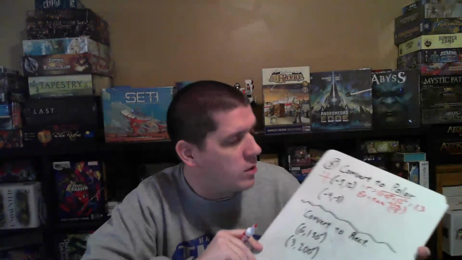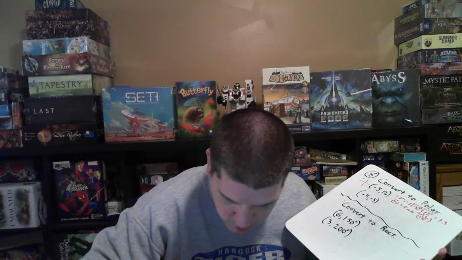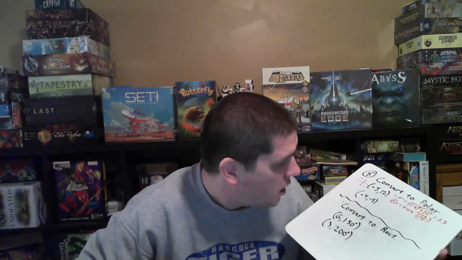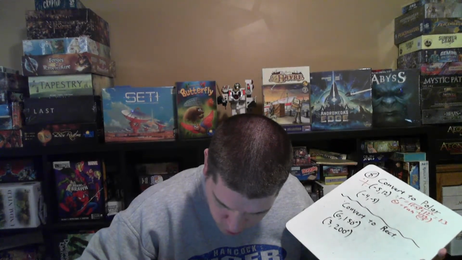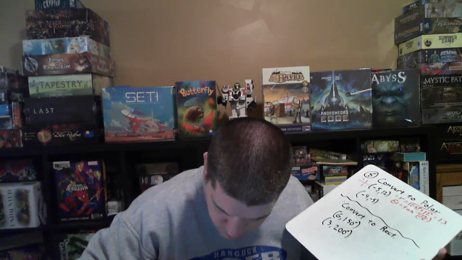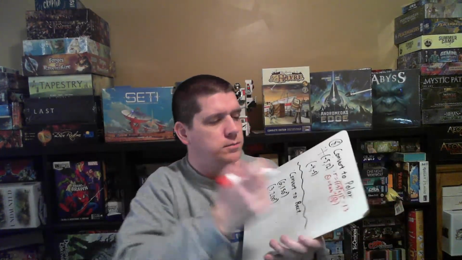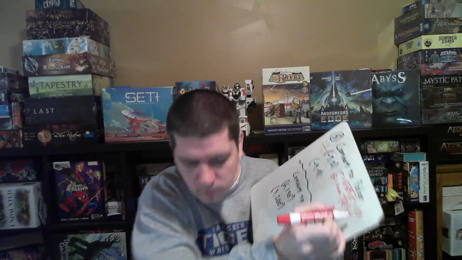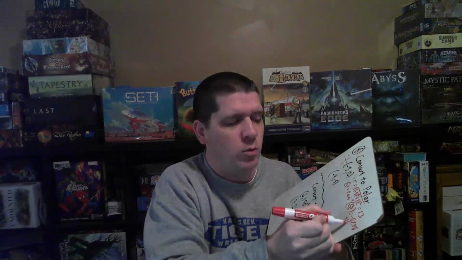So the only thing we have to do when we say inverse tangent, let me use my calculator real quick, inverse tangent of 12 over -5, we get -67.38. All we really have to do here is go ahead and add 180.